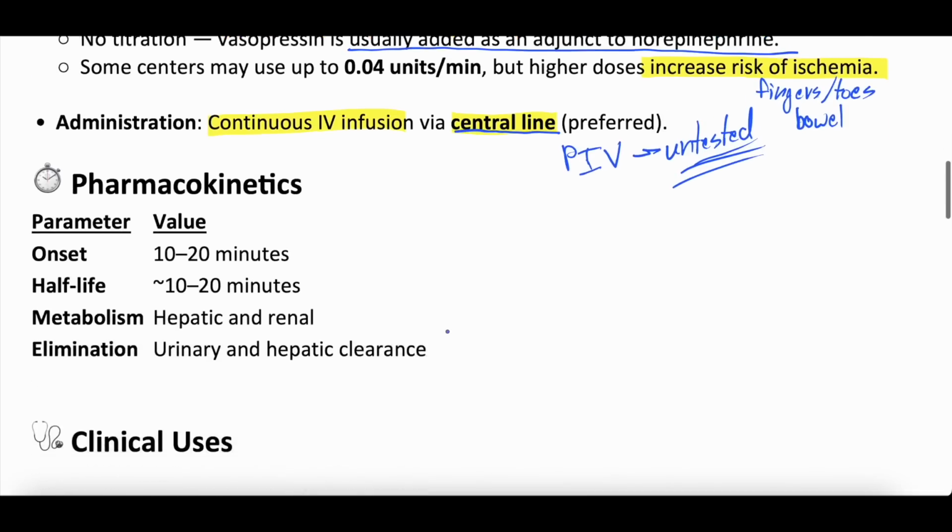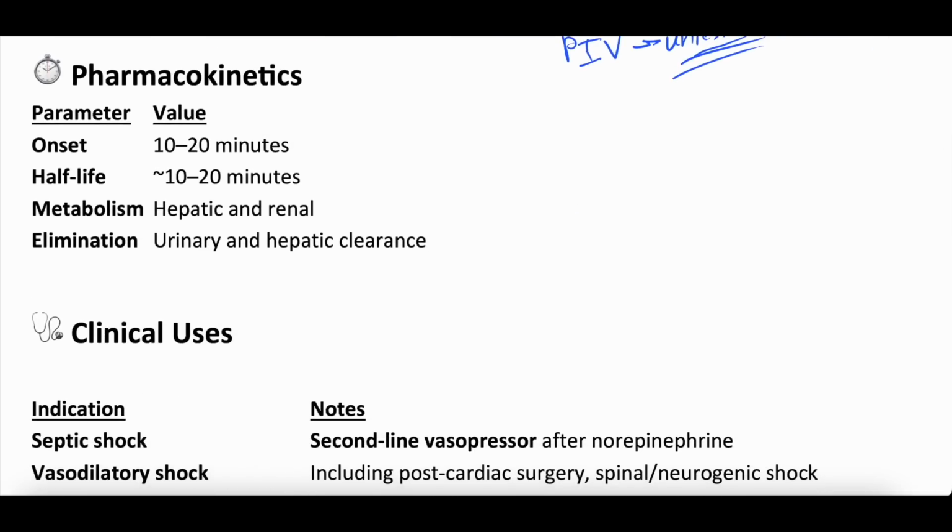Okay, pharmacokinetics. So the onset for vasopressin is actually a little bit interesting. The onset, it takes about 10 to 20 minutes before it kicks in. Certainly that's when it kind of gets to its peak. It might kick in faster than that, but you really do have to wait 10 to 20 minutes before you see the full effect of vasopressin, how much it's going to help or not help the blood pressure.